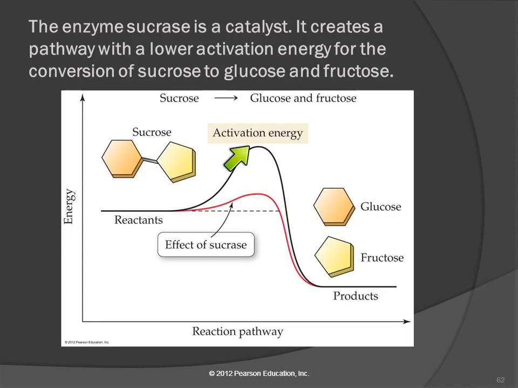It's not going to happen very fast at all. Well, your body uses sucrase to strain the bond between these two saccharides and causes it to be much easier for them to break apart. And so it requires a much lower activation energy, and so the reaction is much faster.